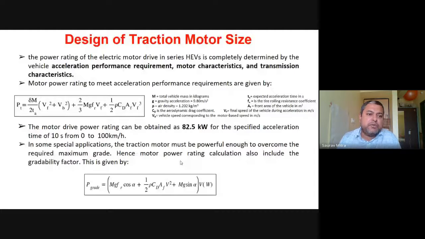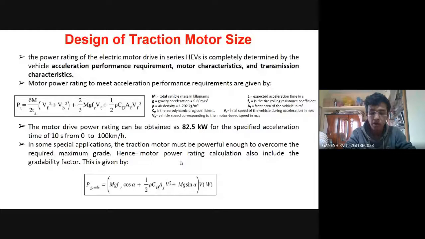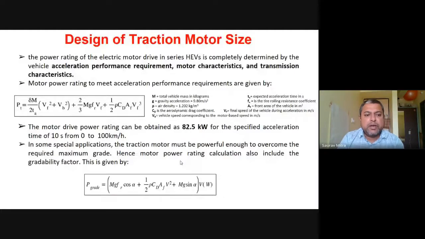PT is the tractive power, and it is a function of the first part, which is the required power, and the second and third parts, which are the losses. These losses are directly proportional to the vehicle speed.